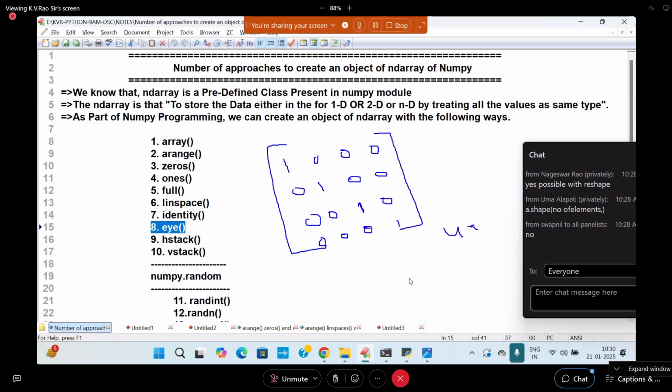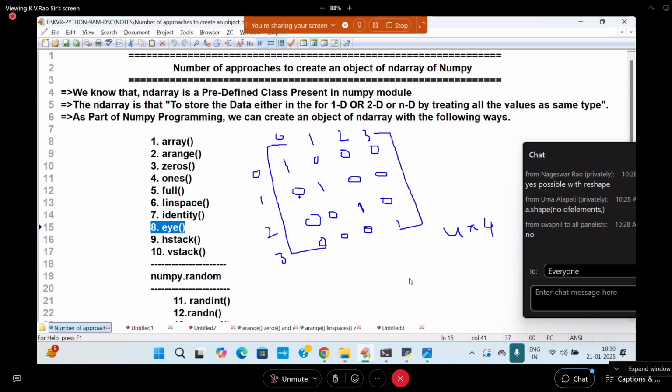This is called a 4 by 4 unit matrix. All the positions 0-0, 1-1, 2-2, 3-3 contain the element 1. This is the 0th row, 0th column; first row, first column; second row, second column; third row and third column.